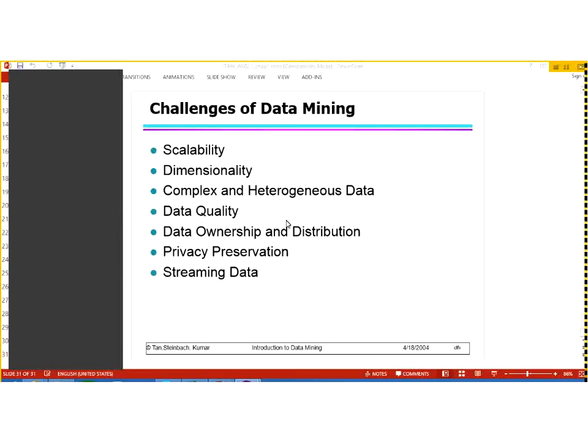Dimensionality: I have already explained what we mean by having many dimensions for the data. I told you it can be represented like a cube, or even something that has more dimensions than a cube: 5 dimensions, 6 dimensions, 7 dimensions, whatever. So again, dealing with data of this high dimensionality is very difficult, so we need to account for that. Complex and heterogeneous data: we have already mentioned why the data can be heterogeneous, because the data sources can have different formats.